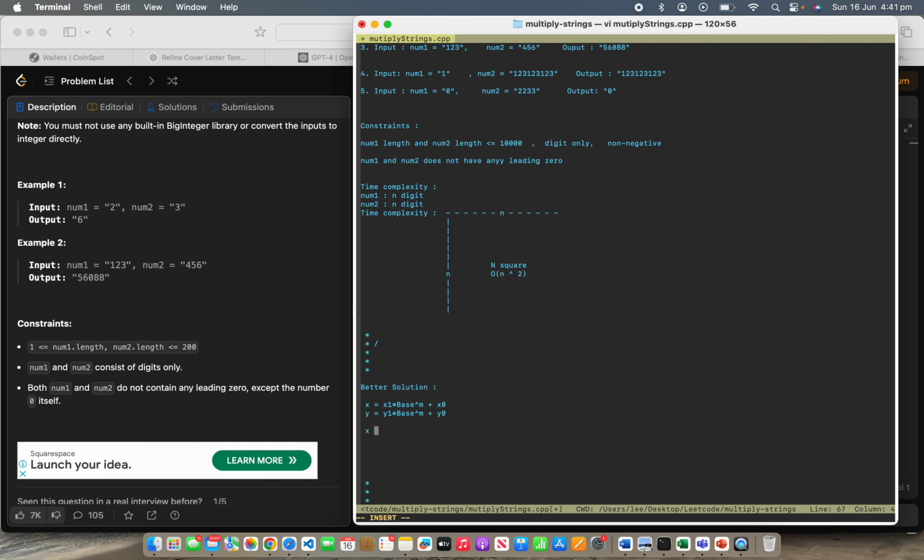So this time x times y is equal to x1 y1, sorry, we need to times the base to the power of 2n as well, plus, so we cross the x1 y0 and y1 x0, so that should be x1 times y0 plus x0 times y1, and they times the base to the power of n, and then plus the x0 times y0.